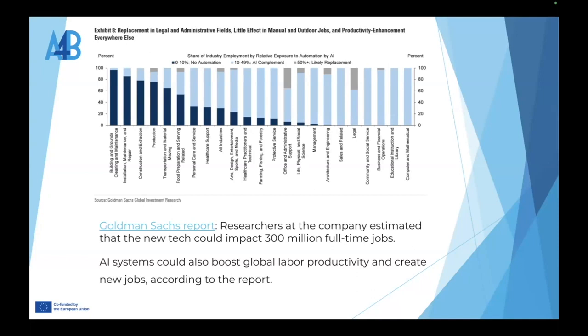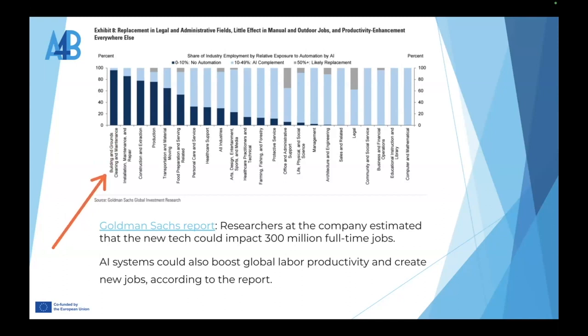And they estimate that the new tech, so AI also, could impact 300 million full-time jobs. It does mean that we have to count that some jobs will be really influenced by AI, and maybe they will change completely.